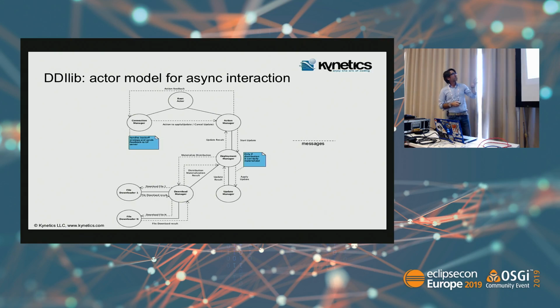And for doing that in an extremely asynchronous way, we used an actor-based model, and we did that in the implementation of the core library by using coroutines in Kotlin.